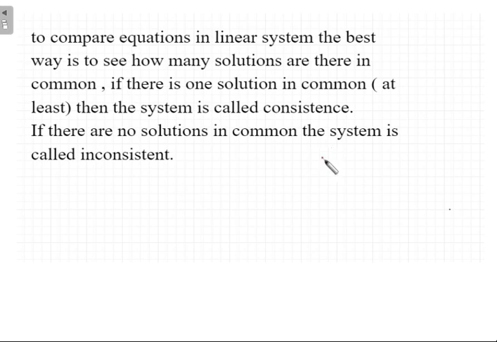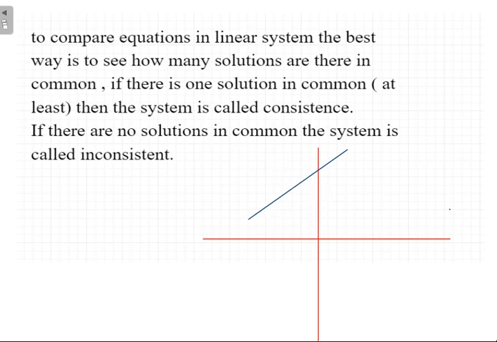By graphing, if we take these two lines representing different equations in a system of linear equations, you can see here these two lines intersect in one point, which is (x, y).